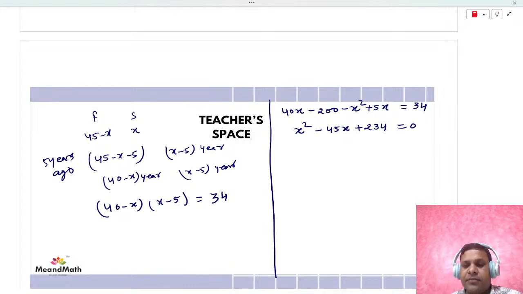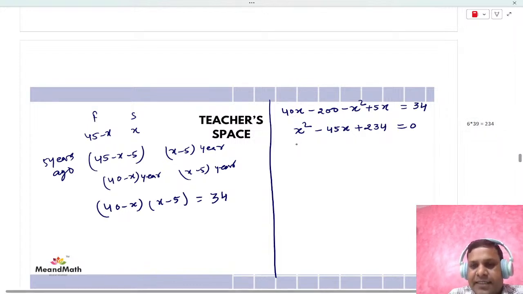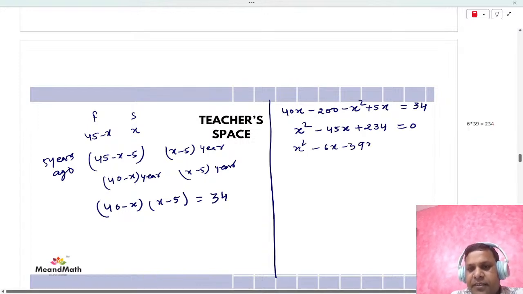So what can be the possibility? Which student will tell us quickly? No, nobody. Yes, 6 and 39. You can check here: 6 into 39 is equal to 234. So x square minus 6x minus 39x plus 234 is equal to 0.